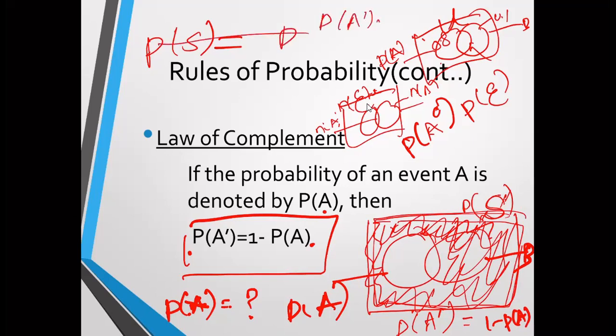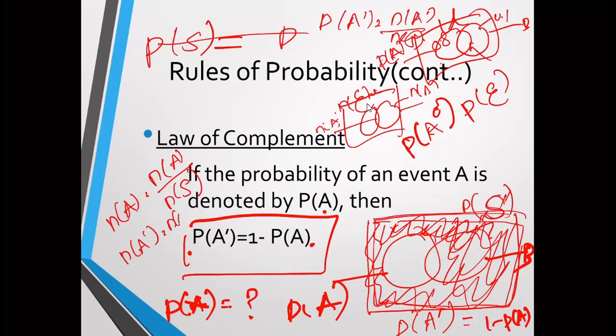PA dash is going to be NA dash divided by NS. I taught you the formula we use to calculate probabilities. If you want to find the probability of A, then we need to know the number of elements in the event A and the number of elements in the entire sample space, NS. In this case, we want to find A dash, therefore this formula becomes NA dash divided by NS.